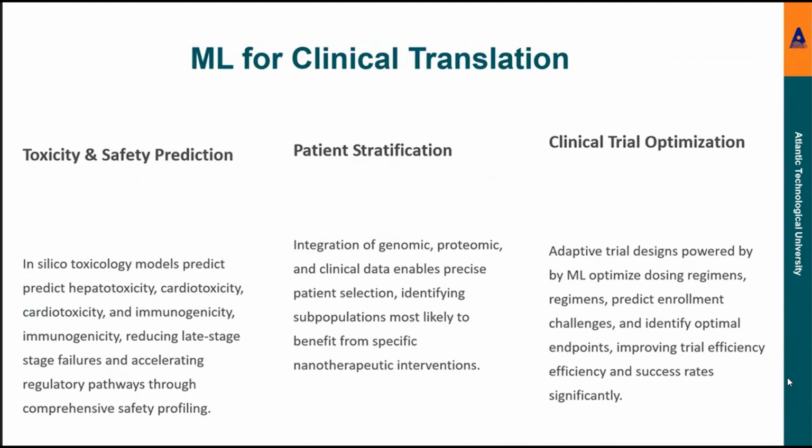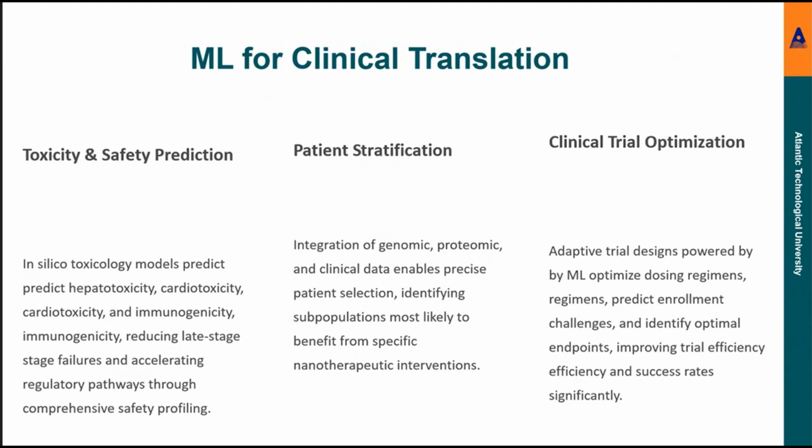Then we can use machine learning for clinical translation or clinical trials. In the beginning I said biology is complex. The way we react to different drugs is different, the way our immune system reacts is different, and the way our metabolism is built up is different. So how do we alleviate this particular challenge?